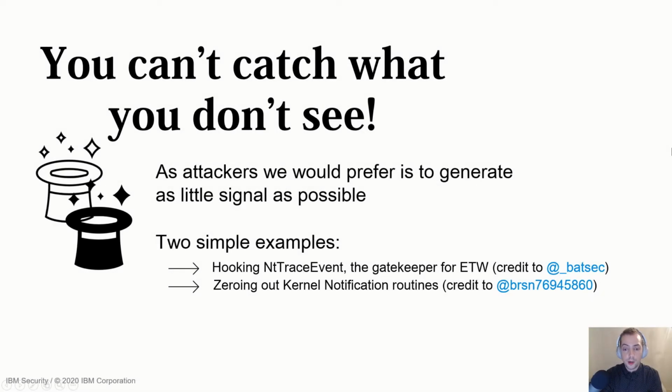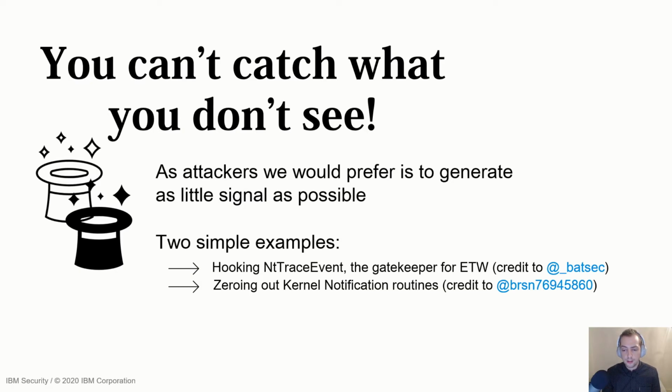Okay, so we're back on the slides, and I just want to do a final demo to show some other features that we have in AquaWrench. As attackers, we would generally prefer to generate as little signal as possible. Usually we do that by using tradecraft that we think won't generate signals, or where the target machine is not capable of capturing signals that exist.